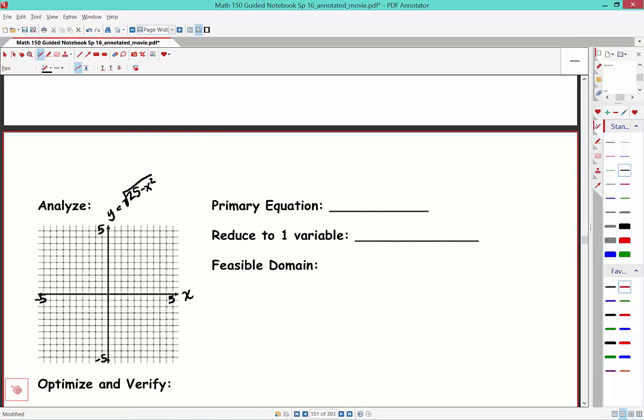So we get this semicircle right here. And so here's our semicircle, and then we've got a rectangle that's bound inside of here.